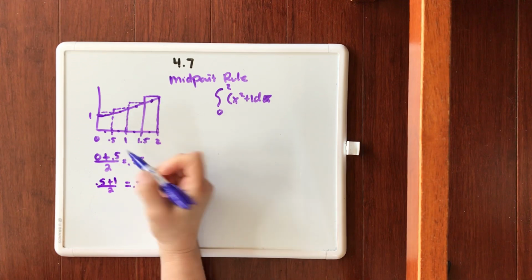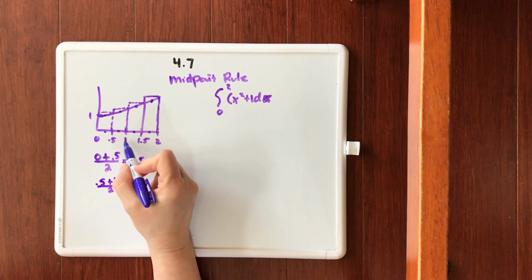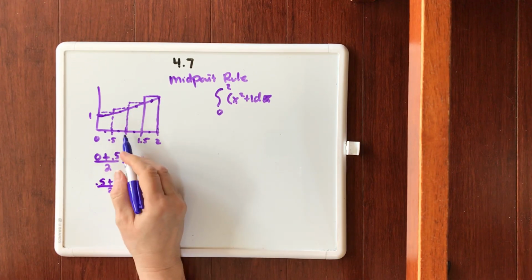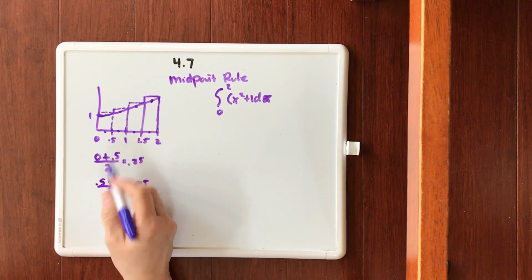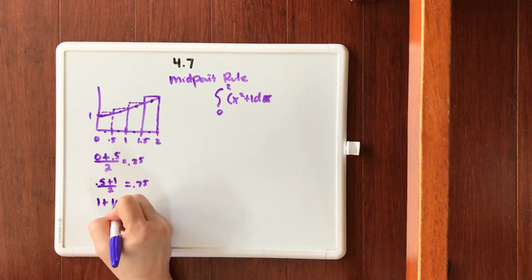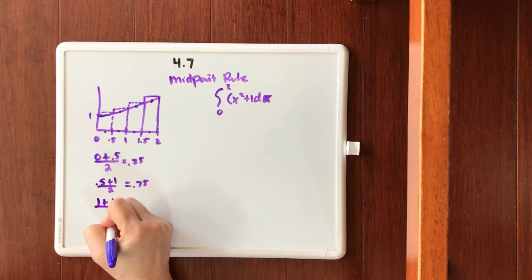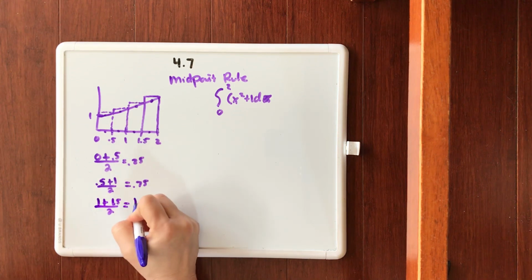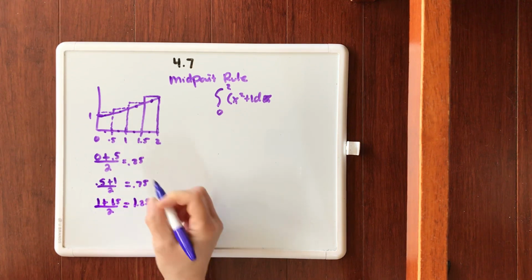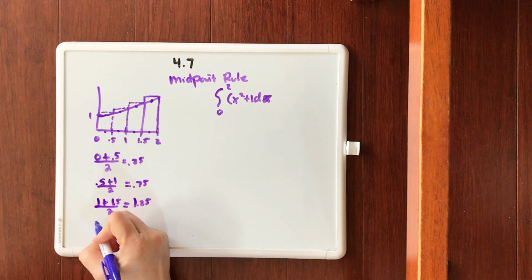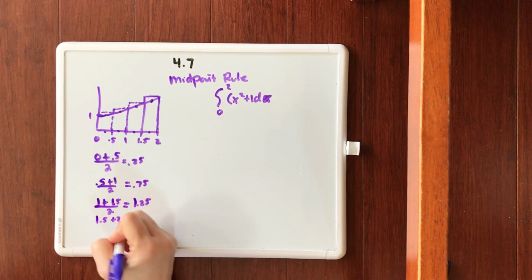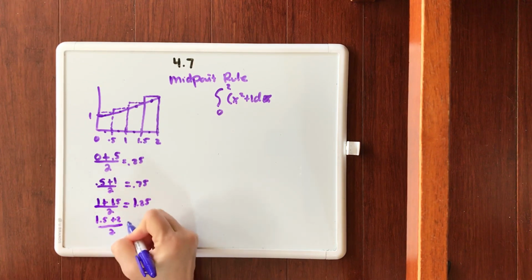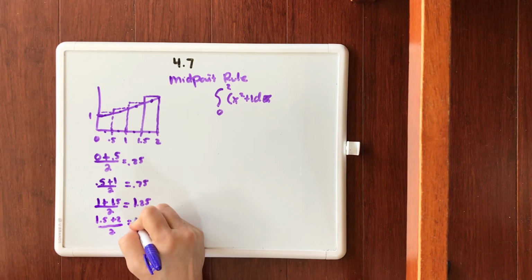That makes sense when you look at it, 0.5, 1, 0.75. So let's keep going. The midpoint here, we start at 1, add it to 1.5, divided by 2, and we get 1.25. The midpoint here, we have 1.5 plus 2 divided by 2, and we get 1.75.